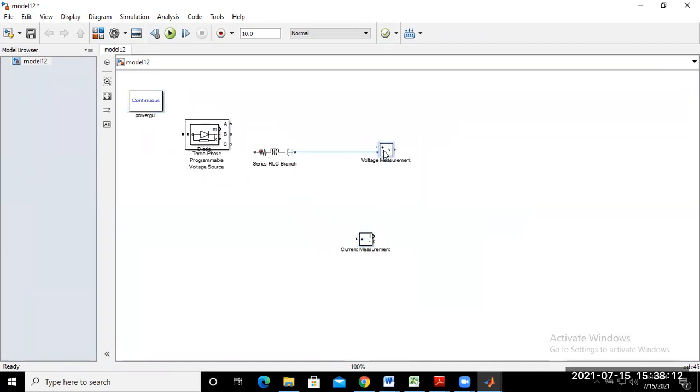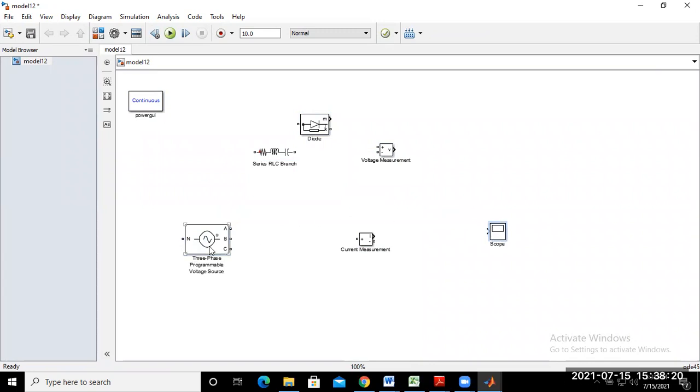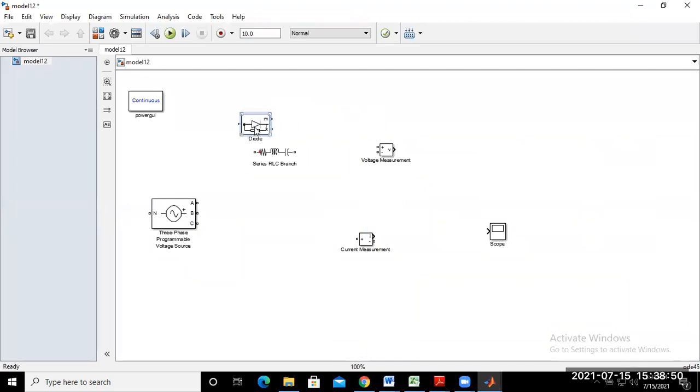Separate all the elements and arrange them in a proper manner. So just click here again and rotate. 3 diodes are required here. So just create from one diode to another diode by clicking on this diode and dragging to another point.